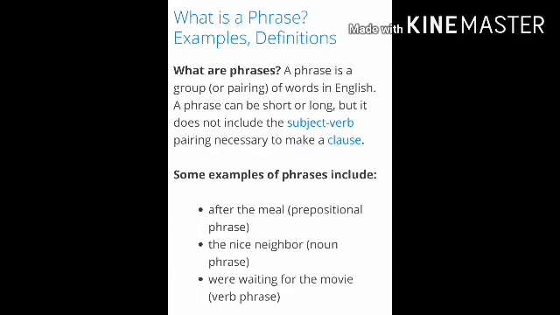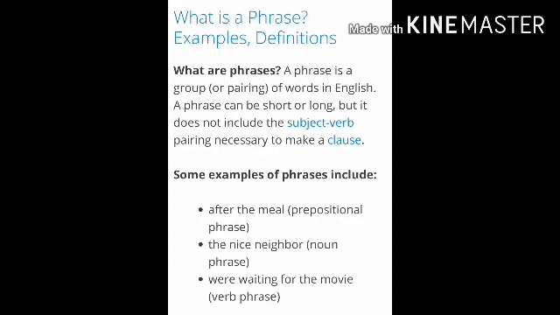See the first example: after the meal. We don't know who is the subject and we don't know whom we are talking about, and there is no action in it, that means no verb. So this, after the meal, though it is a group of words, is a phrase, my dear student. I hope it's clear to you.